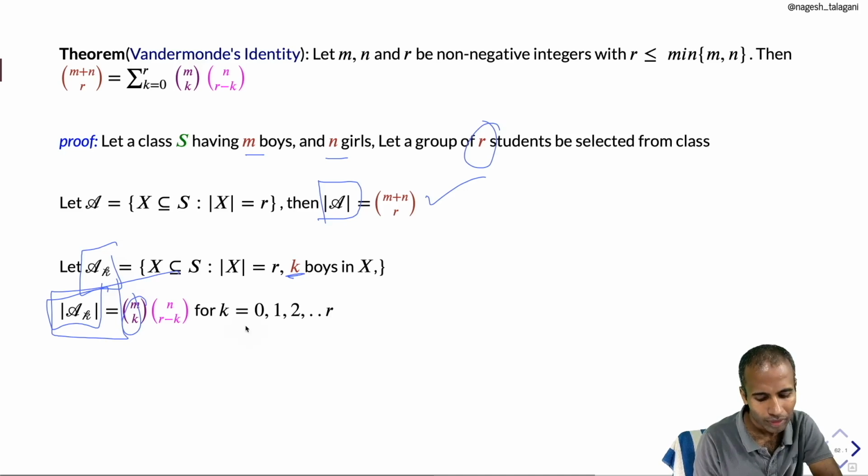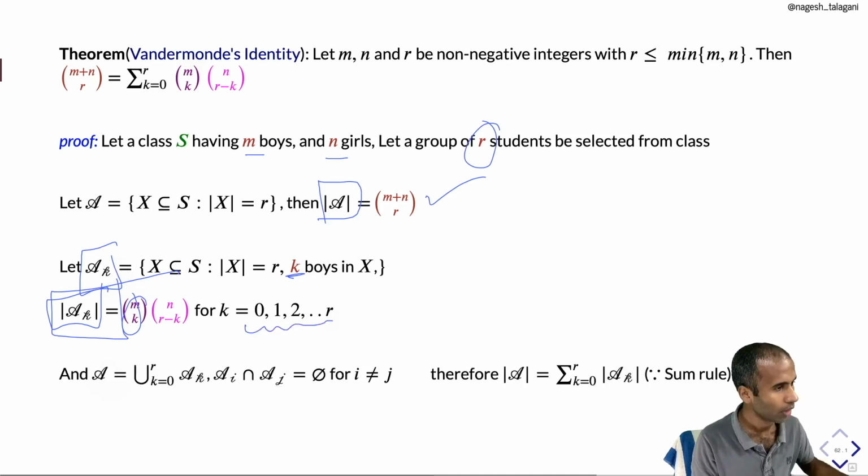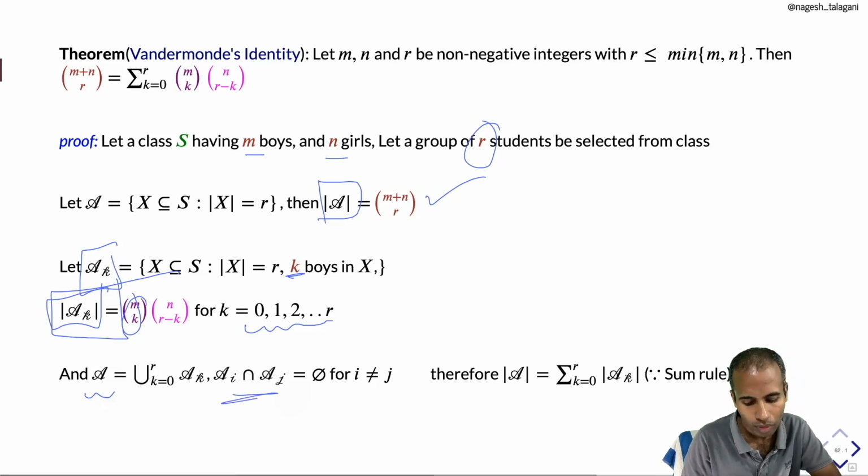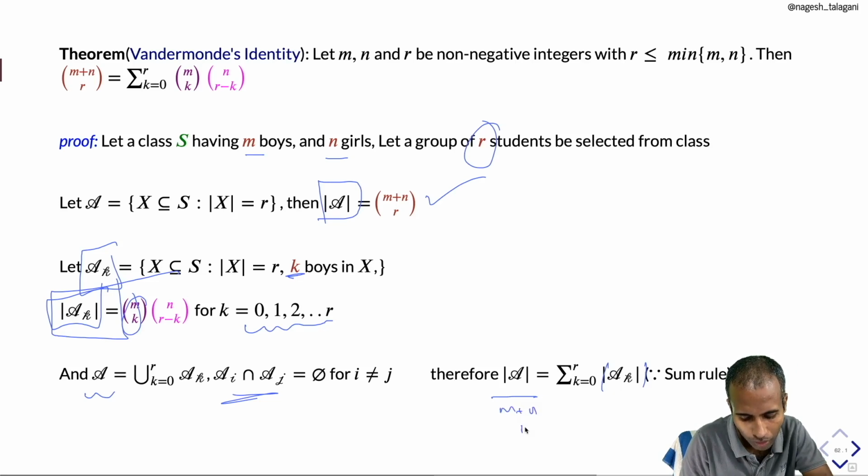Here k varies from 0 to r. Here immediately we can see that script A is equal to the union of these script A_k where k varies from 0 to r, and there is no overlapping here. So by the sum rule the number of elements in script A is the summation k equal 0 to r of the number of elements in script A_k. Here we already see the number of elements in script A is m plus n choose r, right?